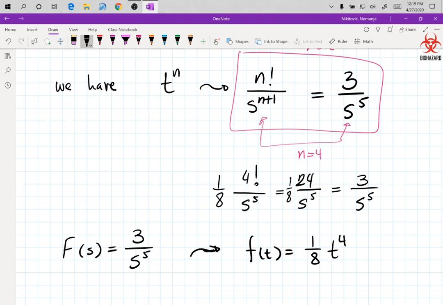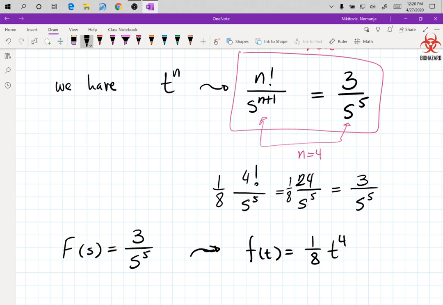There we go. So that's where it came from. And you have to do this every time. You have to be figuring out this part.